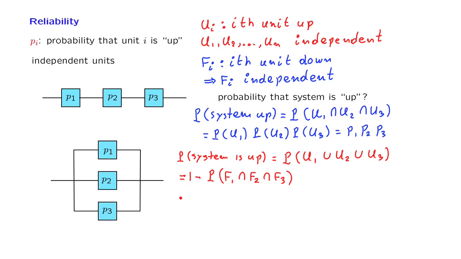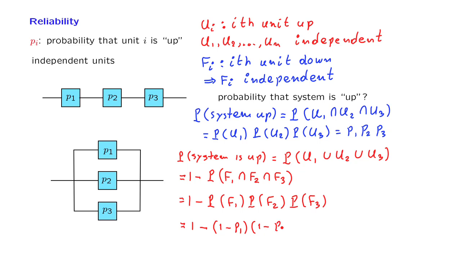And now we're in better shape because we can use the independence of the events f to write this as 1 minus the product of the probabilities that each one of the units fails, and with the notation that we have introduced using the pi's, this is as follows. The probability that unit 1 fails is 1 minus the probability that it is up.